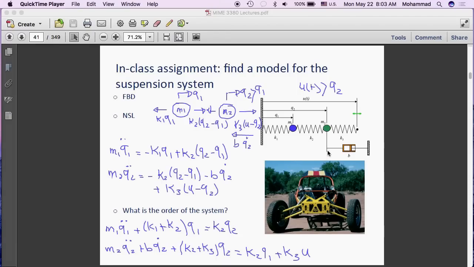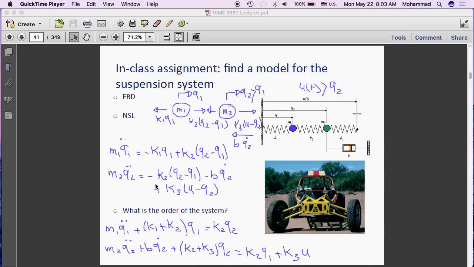And that is why it appears with a positive sign when we add all the forces. Now, when you go to the second mass, the same force is now the force that is applied to mass 2, that is, it is now in the negative direction of q2. That is why the exact same force appears on the right side of Newton's second law written for the second mass with a negative sign.